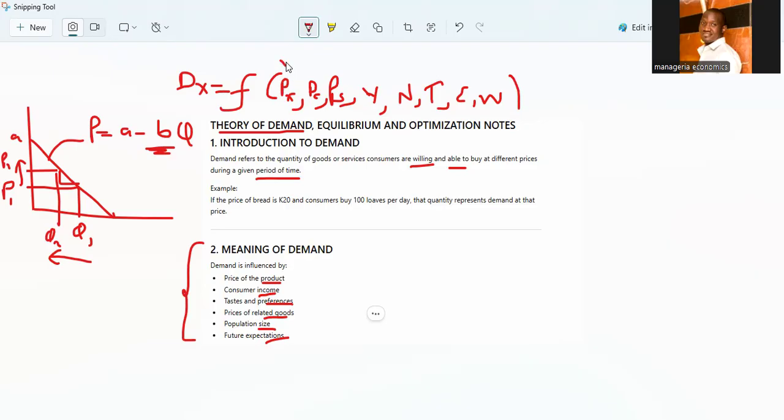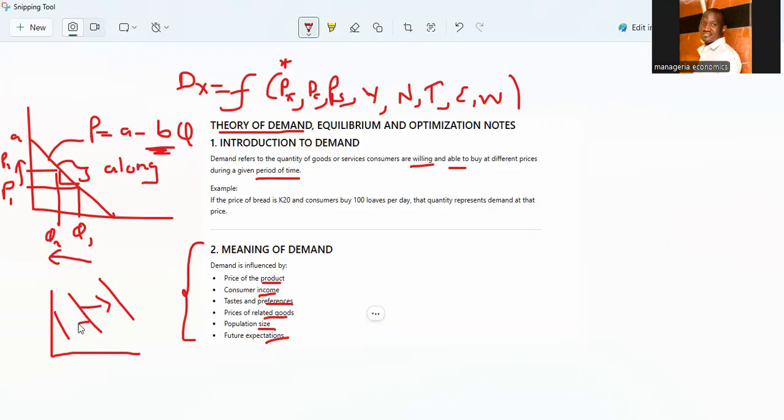Now you notice that only price causes a movement. We call this a movement along the demand curve. Okay, the rest will cause a shift. A shift is simply a movement of the entire curve, either to the left or to the right. So if there's a change in income, it will shift outwards if your income increases.